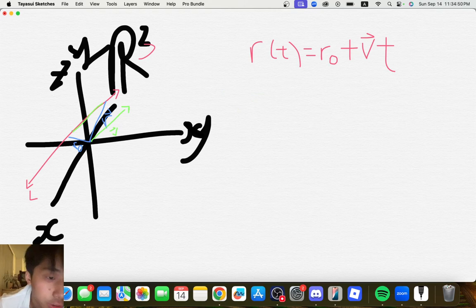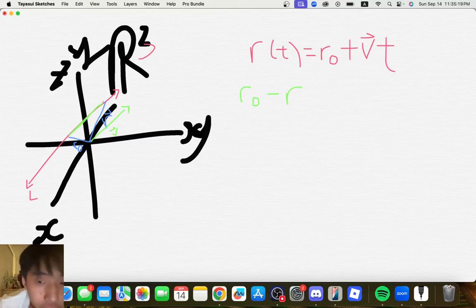This little section right here would be R0 minus R, and let's say this thing is parallel to the whole line, and also equal in magnitude to this green section.